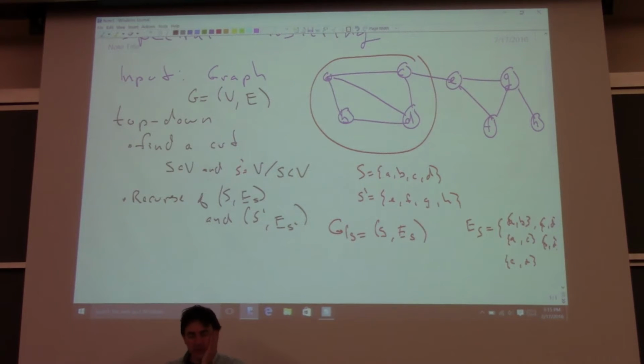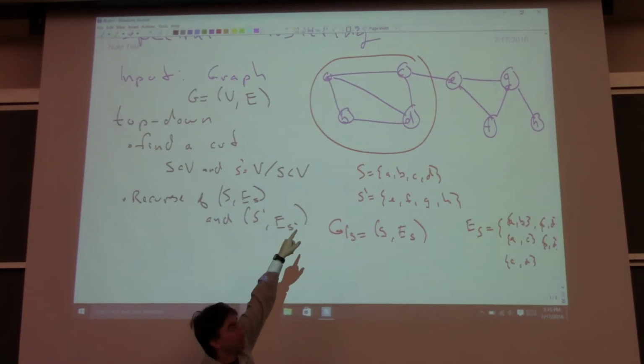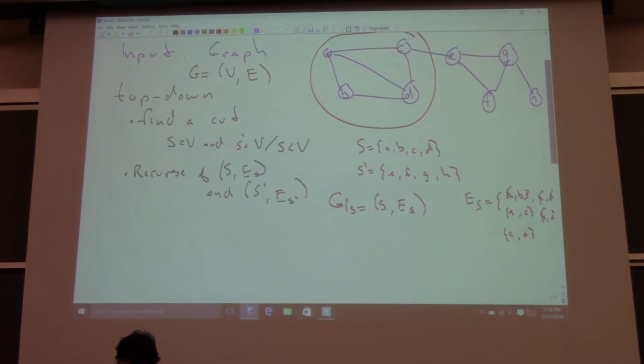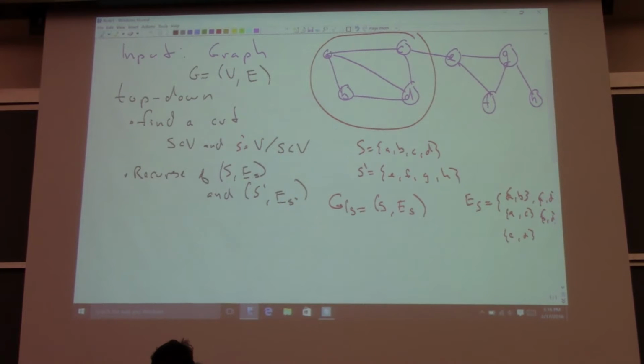What would we want in a good cut? What makes the one I've drawn here good? What was good about that? You only cut one edge. So I only cut one edge. Good. So there are two properties that we're going to want of good cuts.